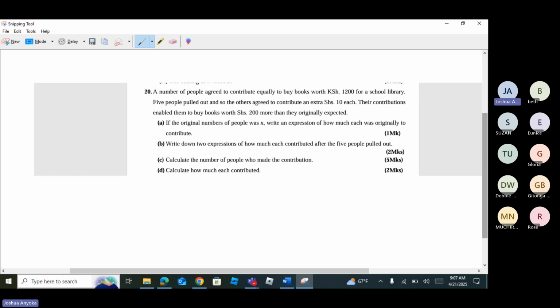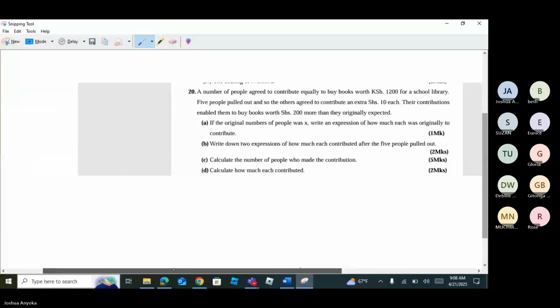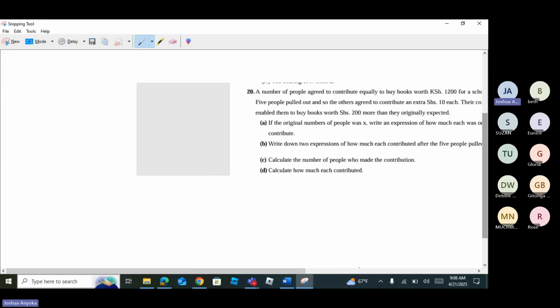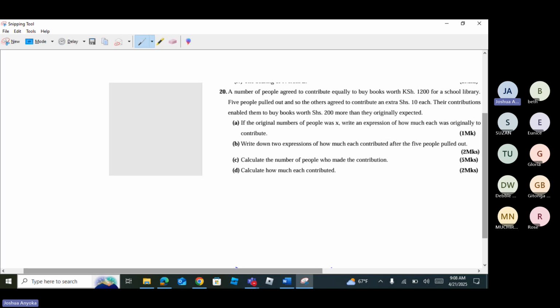Great. For purposes of at least challenging yourself, I give you like 5 minutes to scribble something. Do something on this question. Then we get to know the expression for part A and expression for part B. A and B only. That's what I want to hear from you. I've given you 3-4 minutes to do that.